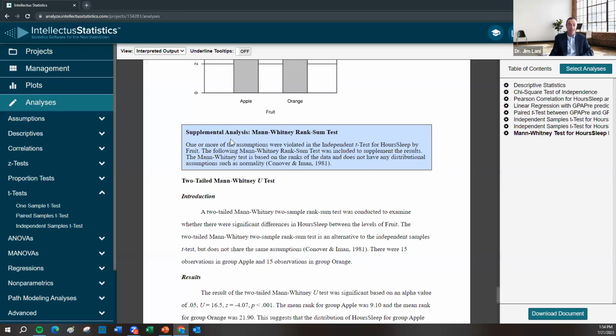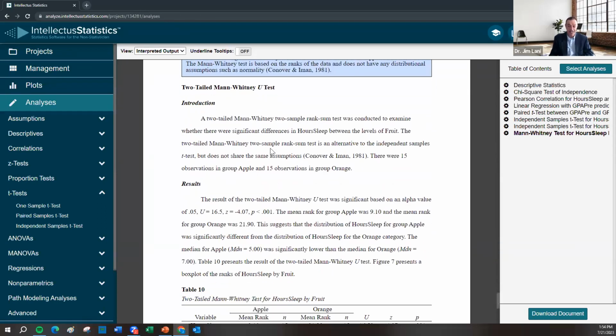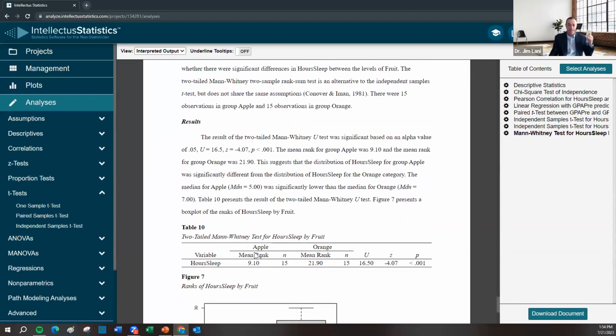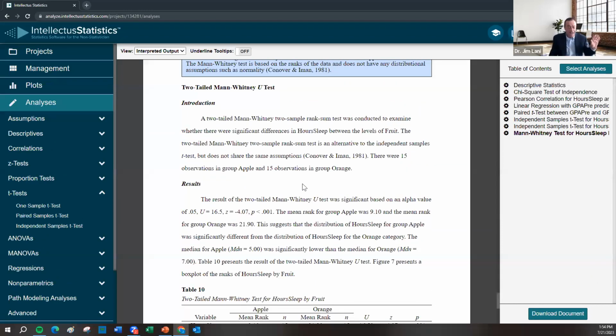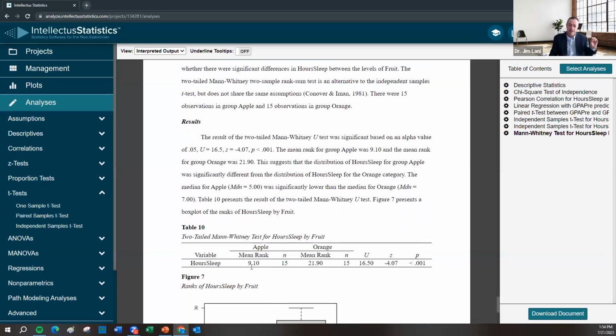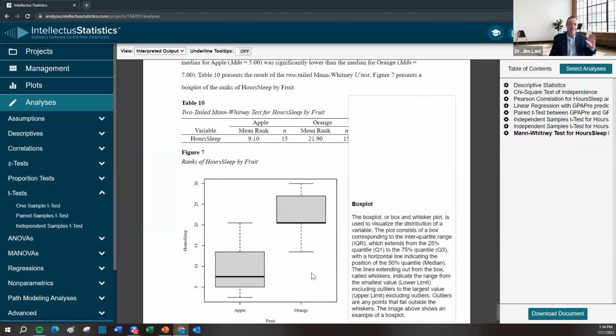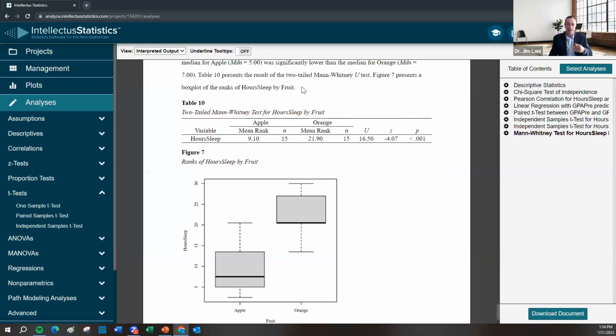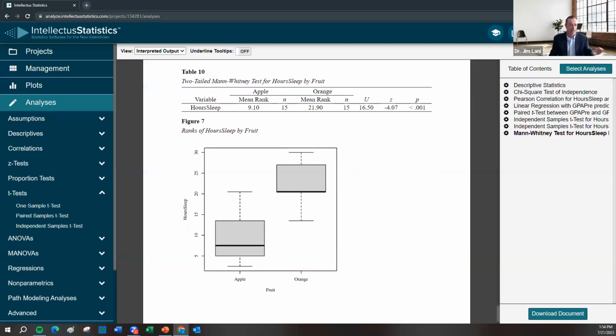One or more of the assumptions were violated, therefore we ran the Mann-Whitney, which is also looking at differences on sleep by fruit, but it does not have those assumptions. We're looking at the mean rank of hours slept by fruit. It's a different way of looking at our general question, which is, are there differences on sleep by fruit? The t-test has assumptions. If they're violated, you can look at the Mann-Whitney. Wonderful question, thank you for that.